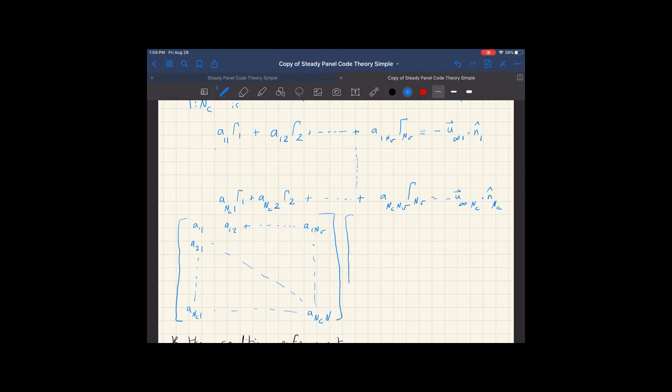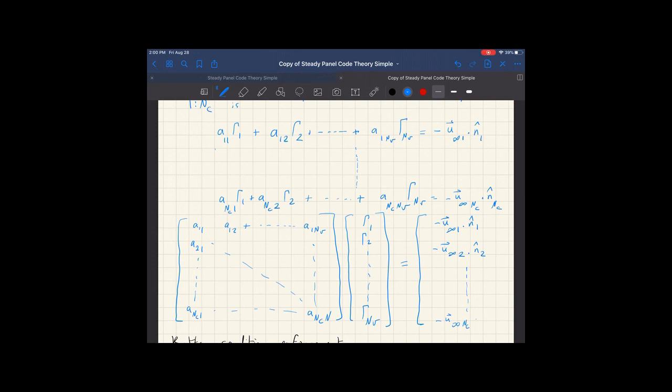That multiplies the unknowns, which are gamma 1, gamma 2, until gamma NV. And this is equal to your right-hand side vector, which is again the free stream velocity component normal to the collocation point at each collocation point, which is given by the following vector. Then you just go down until you populate the entire vector.